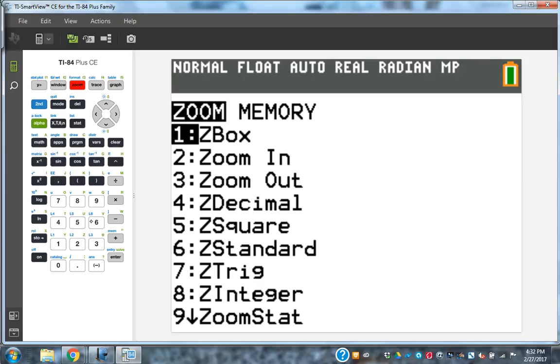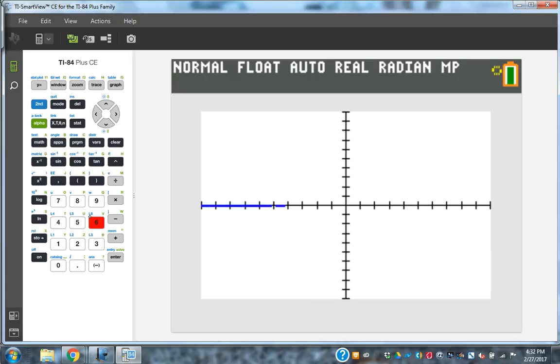Hit zoom 6. We got 3 pieces here. We got the x equals 0 asymptote. We got the x equals positive 5 vertical asymptote. There's our y equals 0 horizontal asymptote.